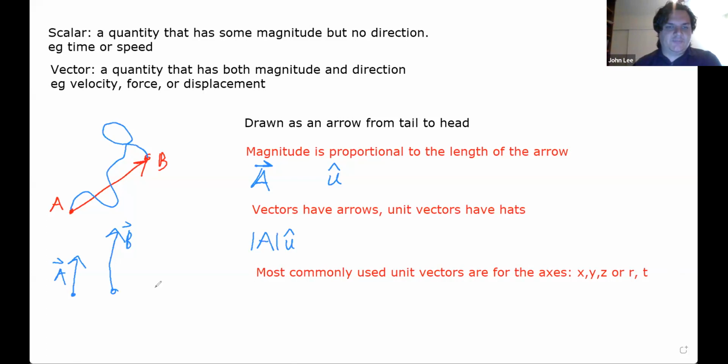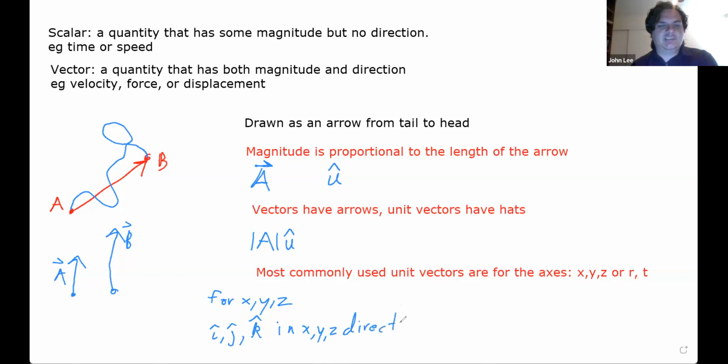so for XYZ, then you just have I, J, and K in the X, Y, and Z directions, which is just like your normal Cartesian coordinate system, which looks like this.